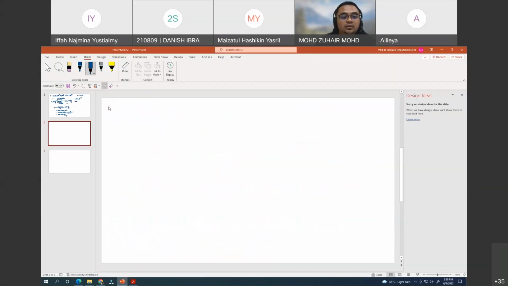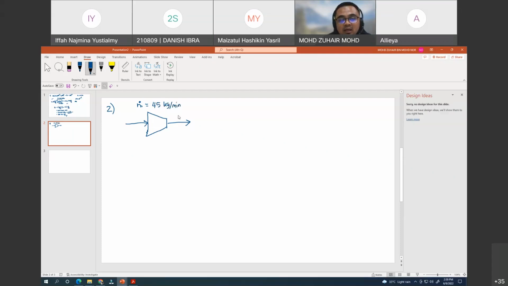Okay, so for the second question, first of all, let's draw the turbine. This is the symbol of a turbine. Normally a turbine looks like this, and then this goes in and this goes out. And the value that we have is m dot, which is 45 kg per minute.